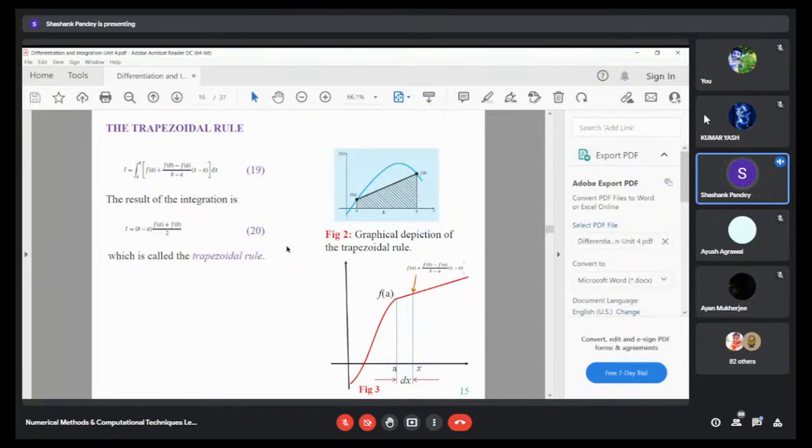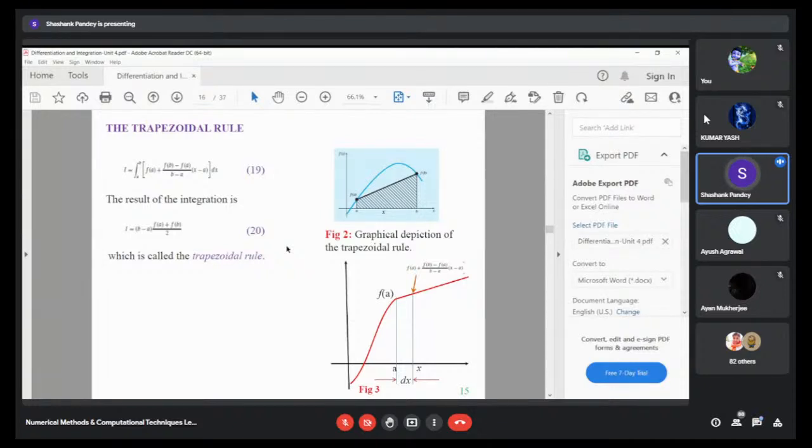Now we know the area under the curve. If I assume a differential element of width dx, the area under the curve for it will give me the integral, and this is only for the small element dx.